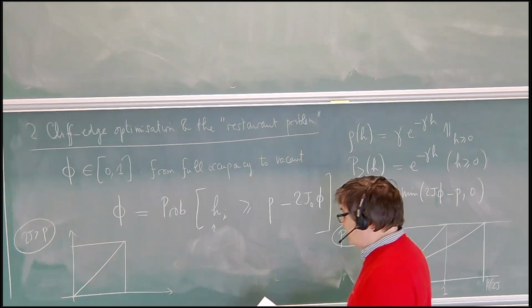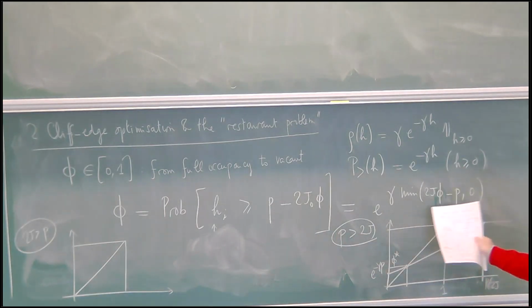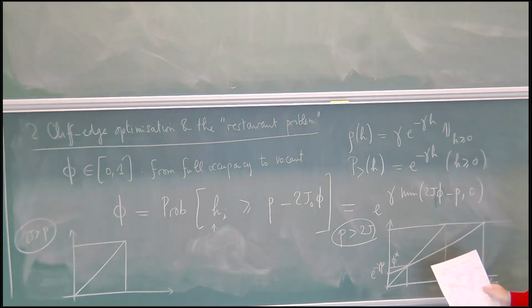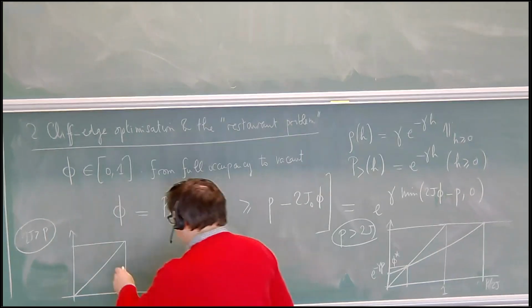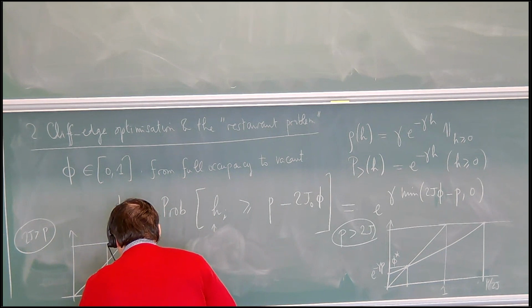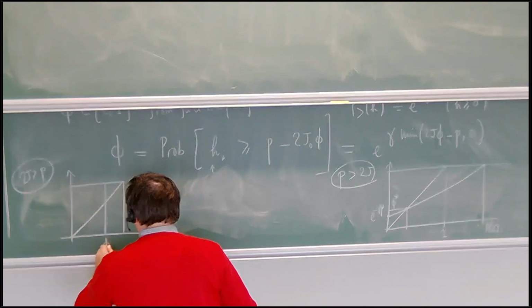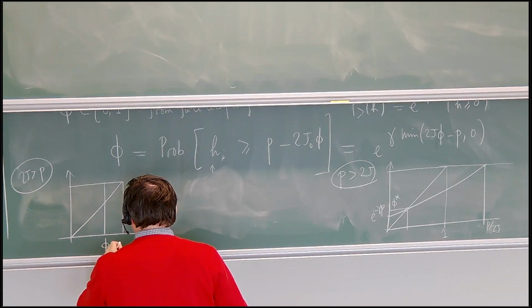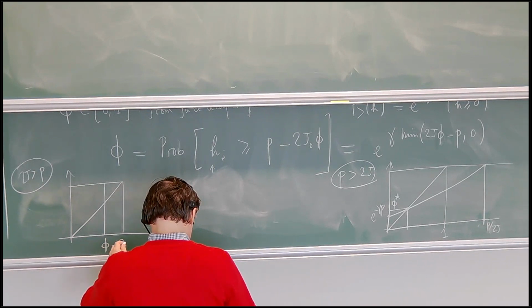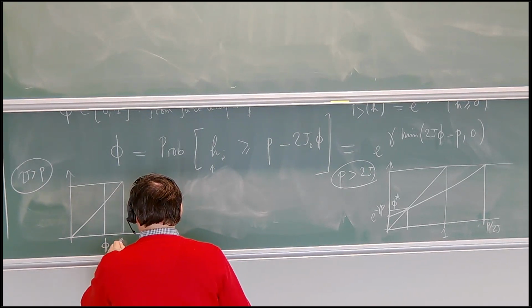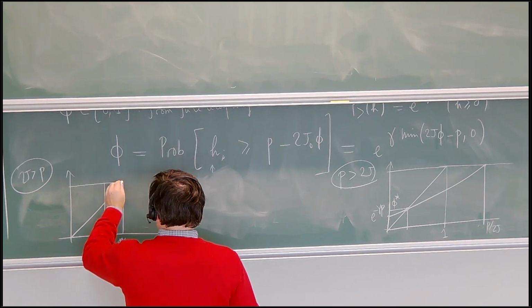Now the point where this function reaches 1, which is P equals 2J phi, gives a solution which is below 1. Let me draw it here. So phi star equals P over 2J is below 1. This is 1.